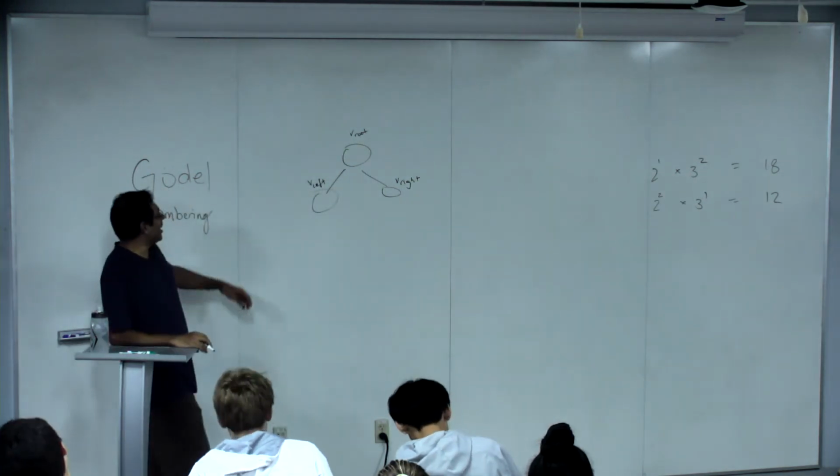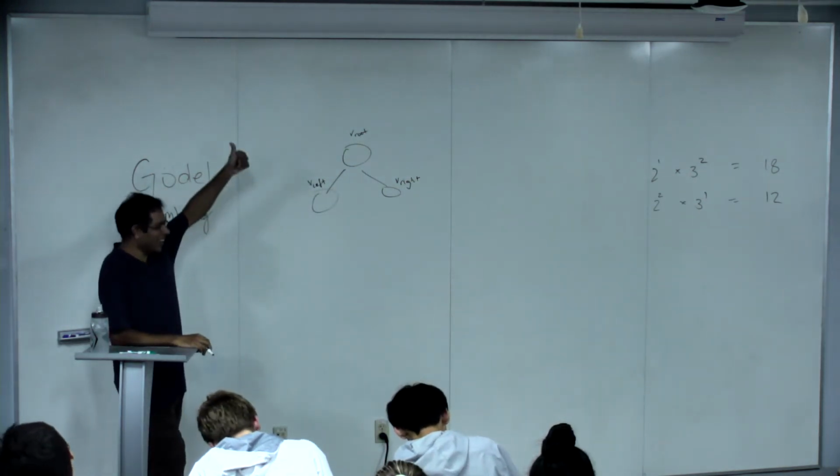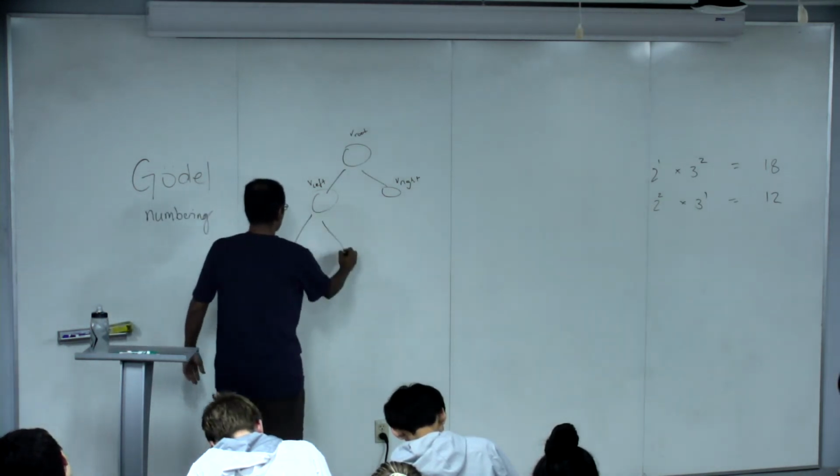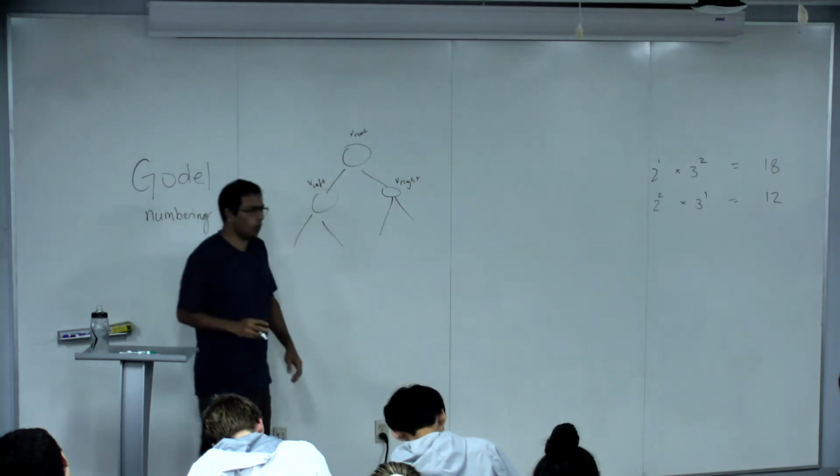Okay, so, value at the root, value on the left, and a value on the right, okay? And this might, of course, be itself another tree, and another tree over here, and so on.